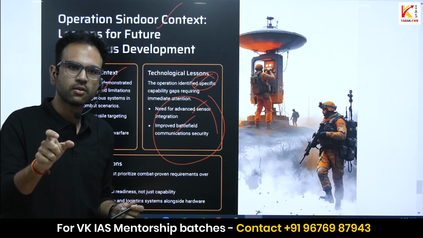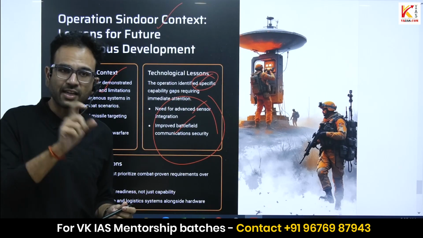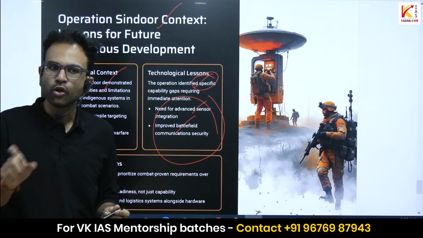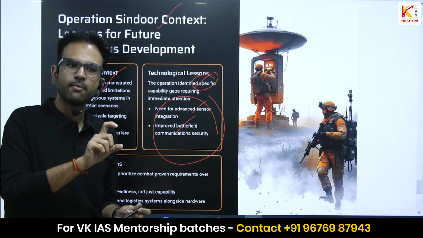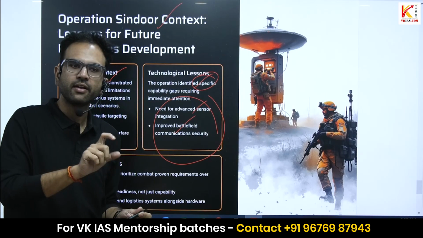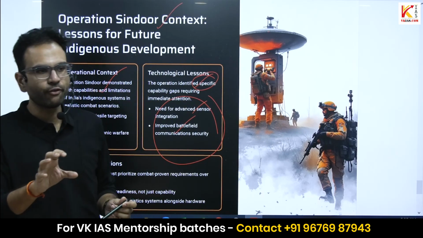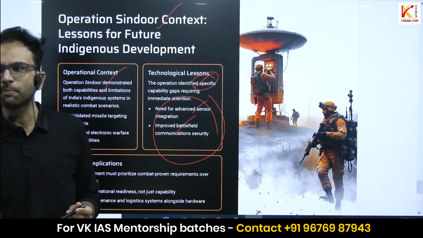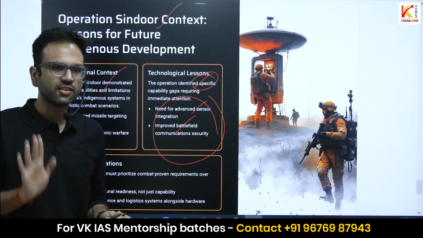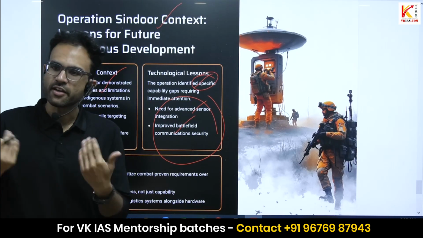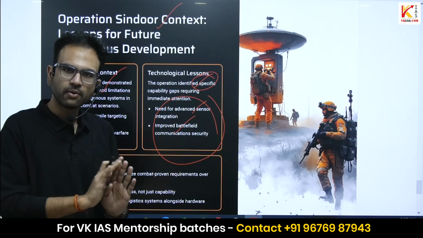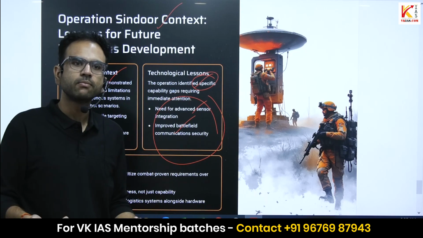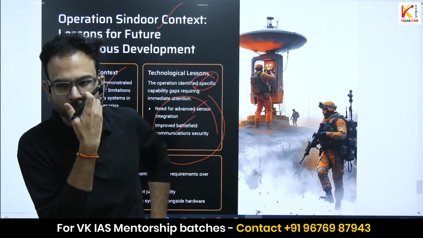Operation Sindoor, the success of Operation Sindoor showcases India's ability from being a platform importer in early 70s to a self-reliant power in the present time. Context is set. Your intent is communicated. There is a proof. Clear? Now you come to the various points.